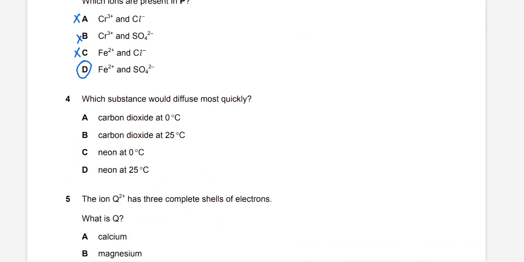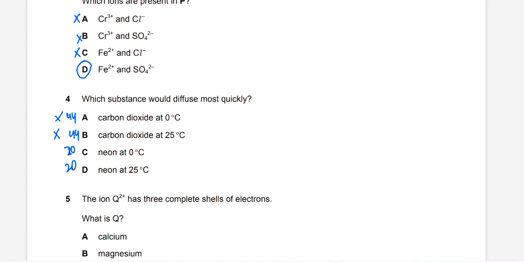Which substance would diffuse more quickly? Both have been given at different temperatures. We'll look at temperature, but first at their molecular masses. One has 44 and the other has mass 20; 10 is its atomic number. Those with the higher molecular mass will diffuse slowly.